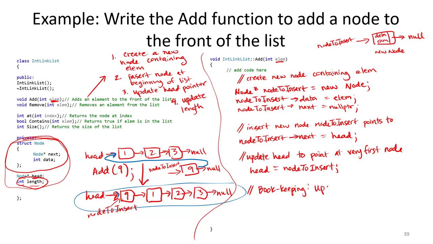We need to update length to reflect that we added a new node. So in this case, we just write the code length plus plus to update our length and capture that we had successfully added an additional node to our list.